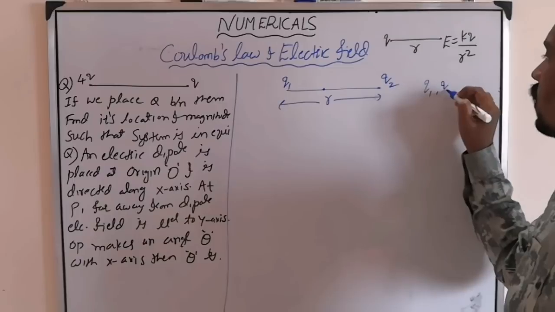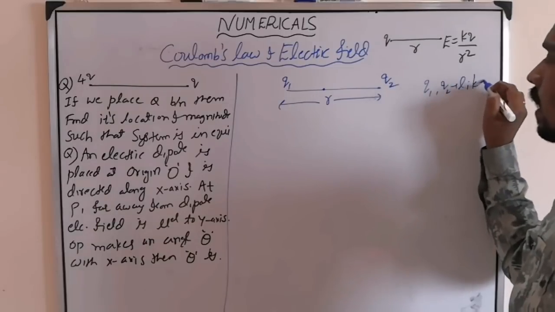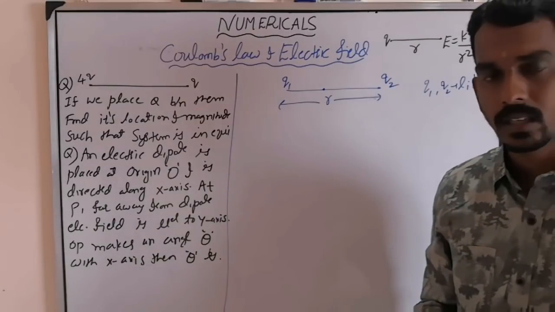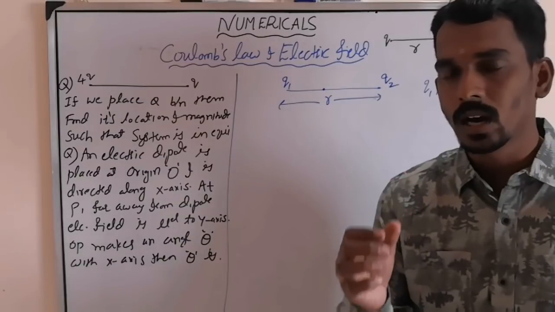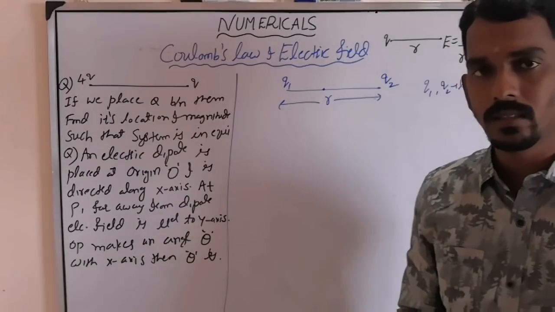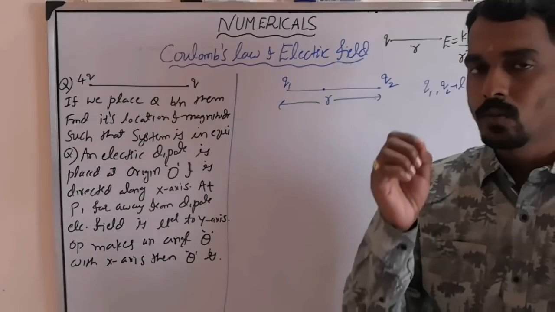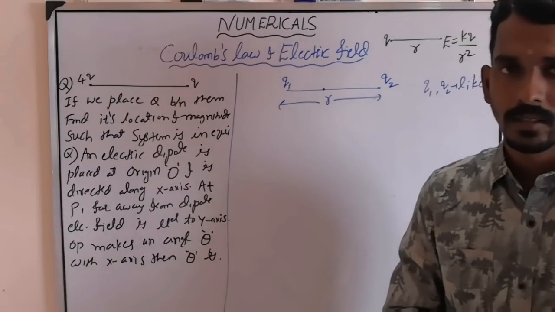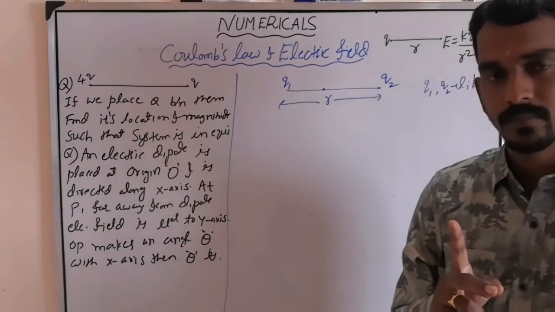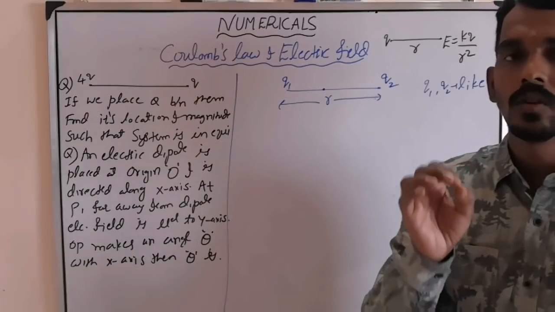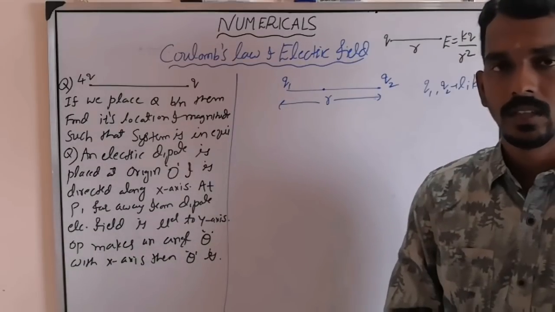If both are like charges, then at one particular point between them you will get zero electric field.